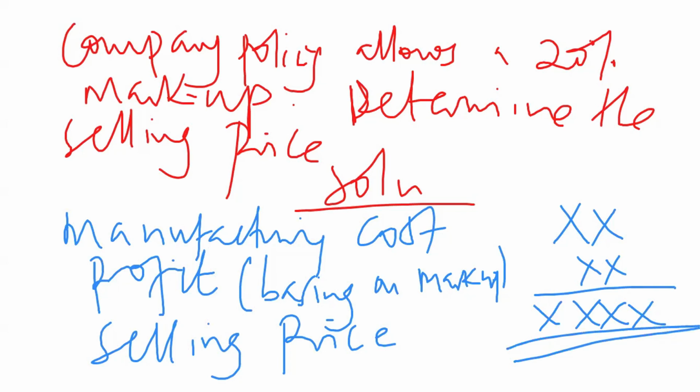So the reason we are splitting this computation is depending on what we have in the question. Because you may do a question that has, maybe, number 1, part A, Roman 1, requiring you to do the manufacturing account, and Roman 2 to determine the selling price.